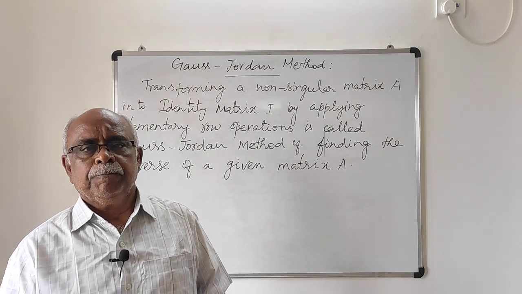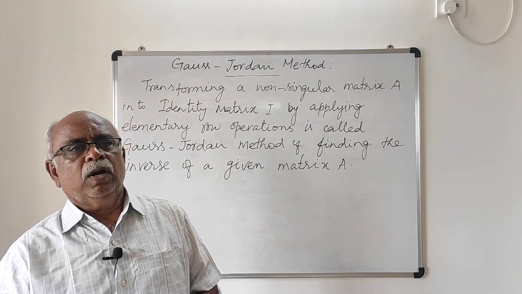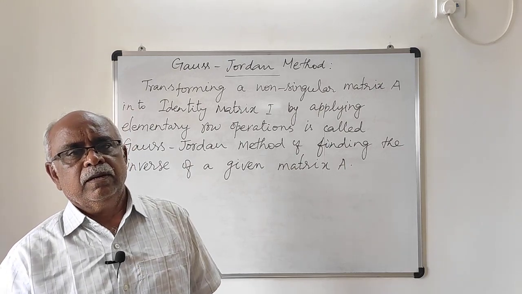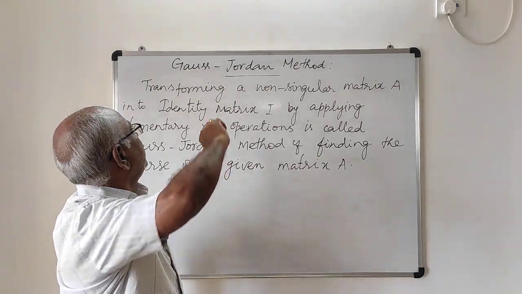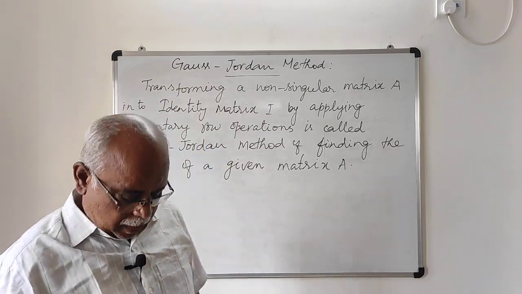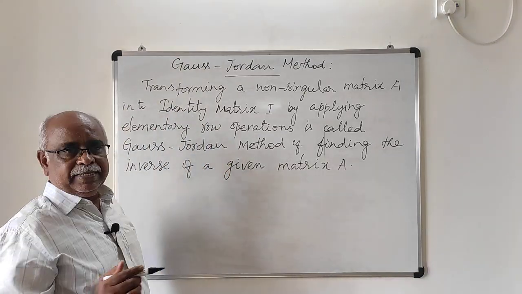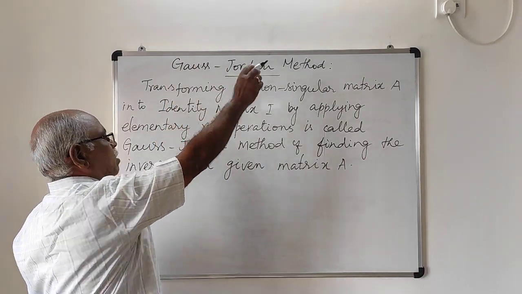My dear students, in this video, I am going to introduce the topic: finding the inverse of a given matrix by Gauss-Jordan method. We have to find the inverse of a given square matrix A by Gauss-Jordan method.